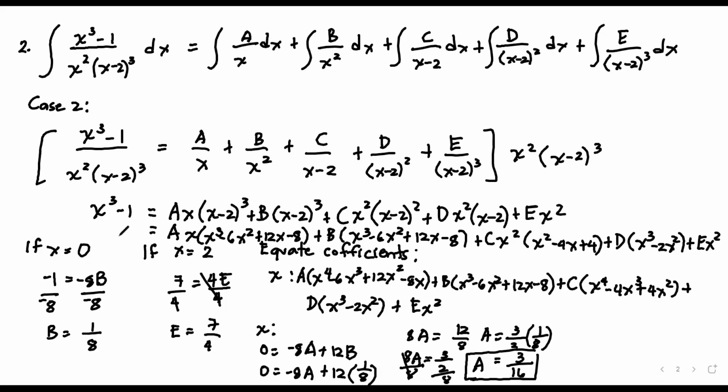For x to the fourth, there is none on the left side. So 0 equals.